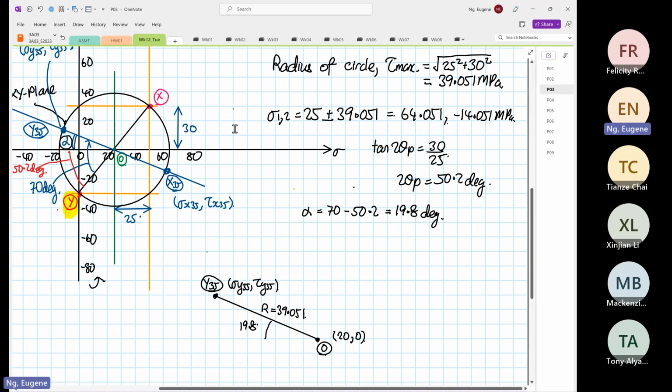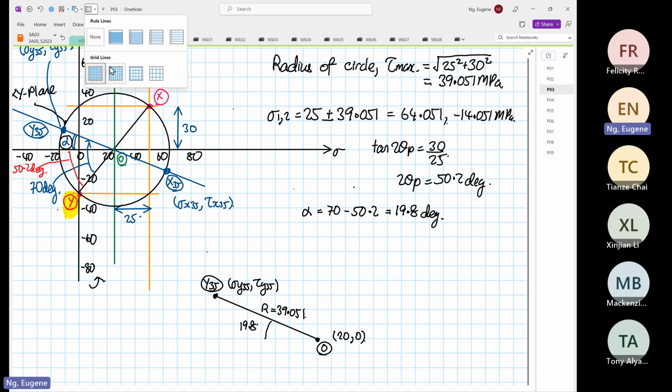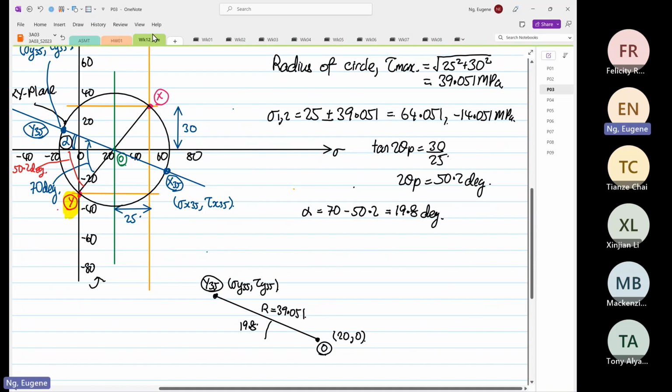So now let's start with the shear stress. I usually like to do the shear stress first. It's more straightforward. So we know that the shear stress Y35 is also equal to the shear stress X35.